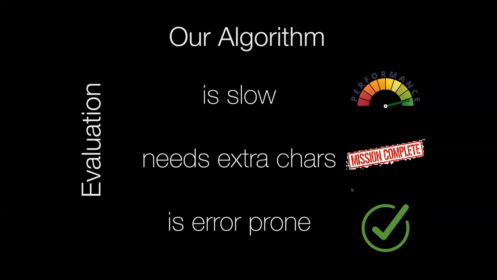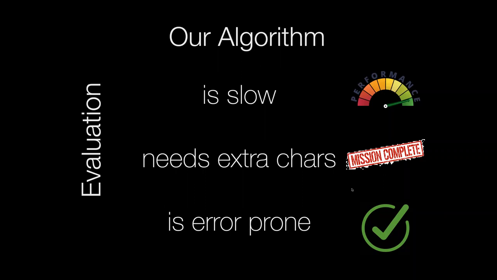And error prone, okay? We must ensure that our algorithm is solid against exceptions. Exceptions are always there, okay? Is this algorithm solid enough? Okay, so efficiency, completeness, and correctness, okay?